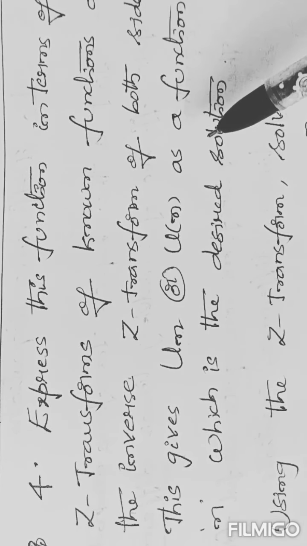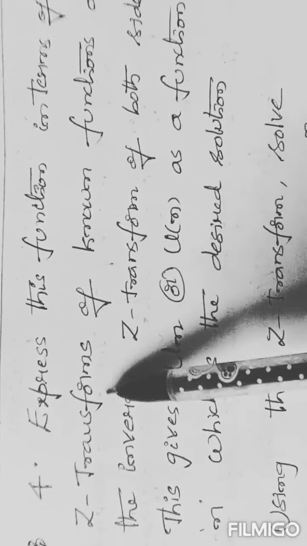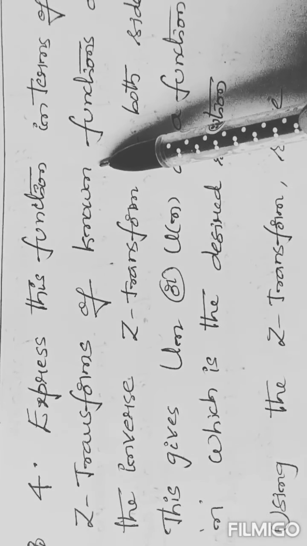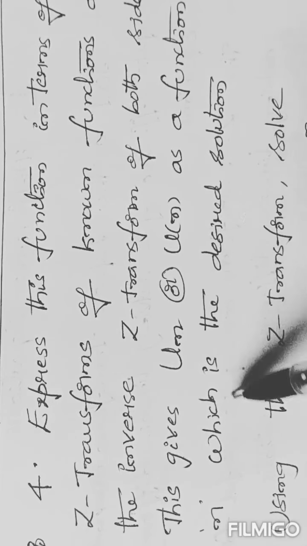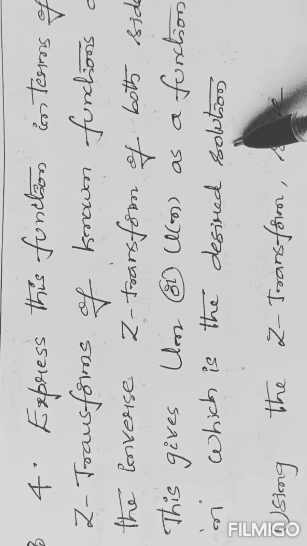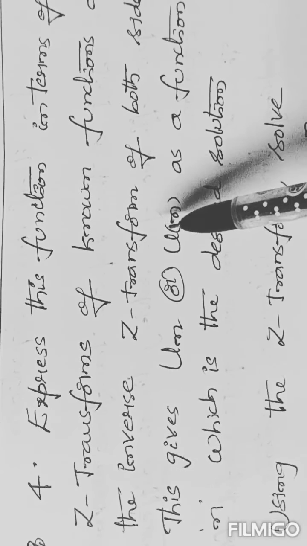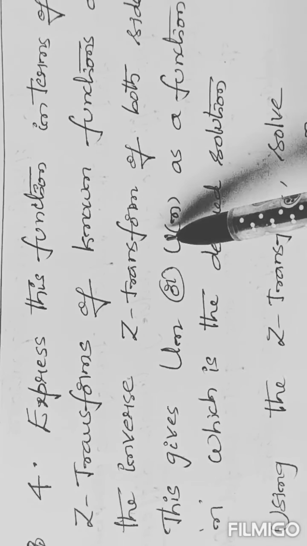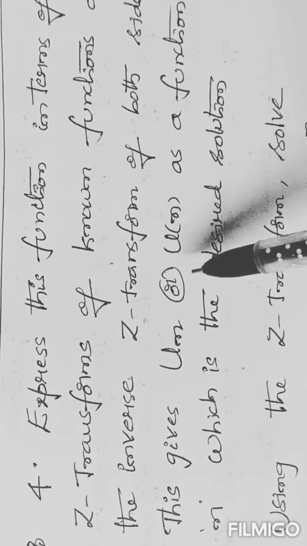Now, after applying all formulas, we have to write the known formulas of the Z-transform. Then we will get the function in terms of n, which is the desired solution of the given difference equation. This is the working procedure to solve difference equations using the Z-transform.